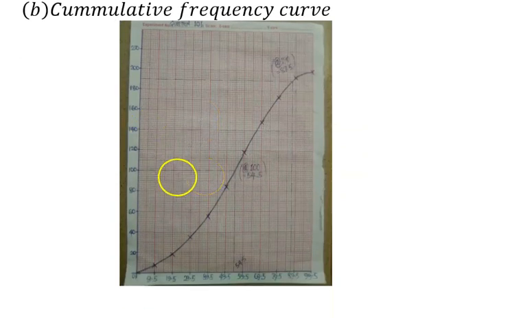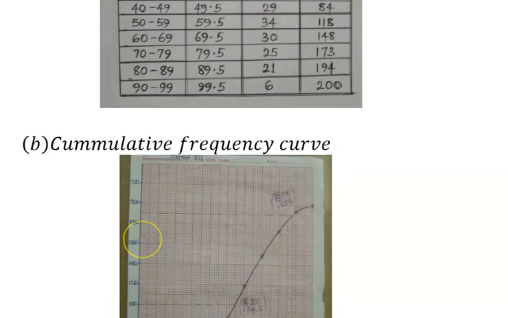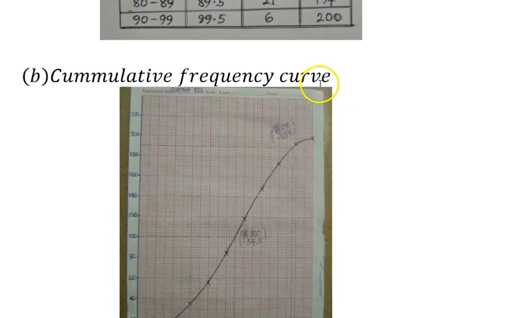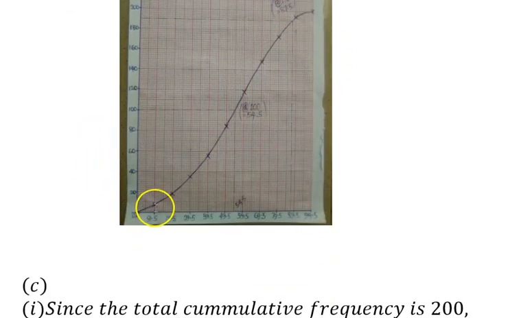You can see we know the highest frequency from my cumulative frequency table is 200. So this is it. So you plot it against your class boundary. Let me just take one or two. If you have 9.5, what's your cumulative frequency? 7. So this is it. 9.5. Just plot it. Look for 7 here, because from here to here is 20, 40, 60.